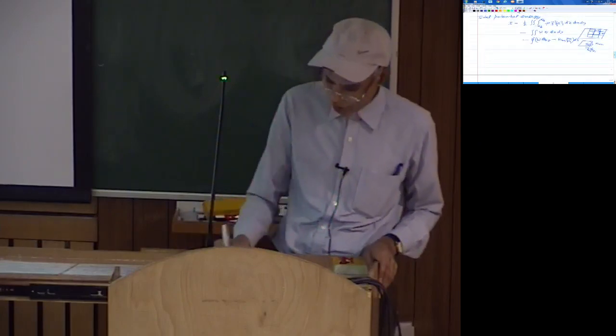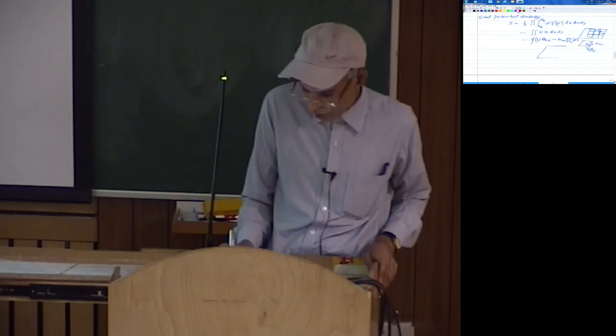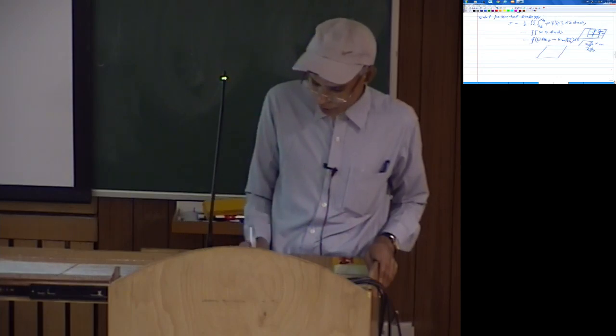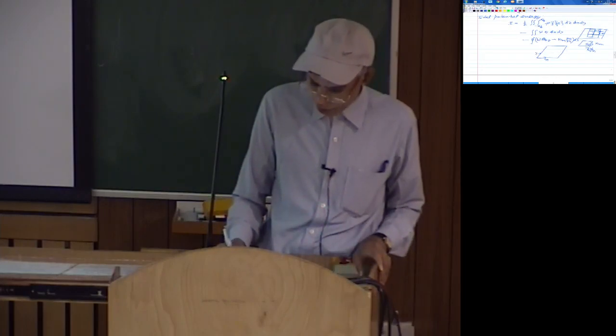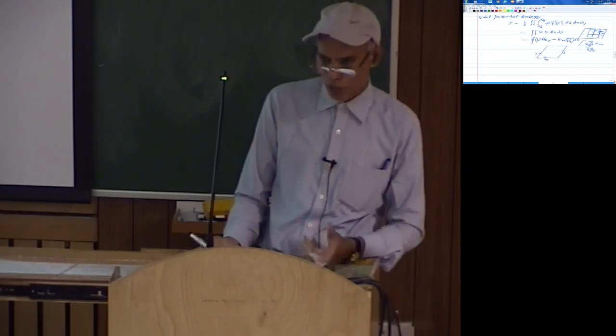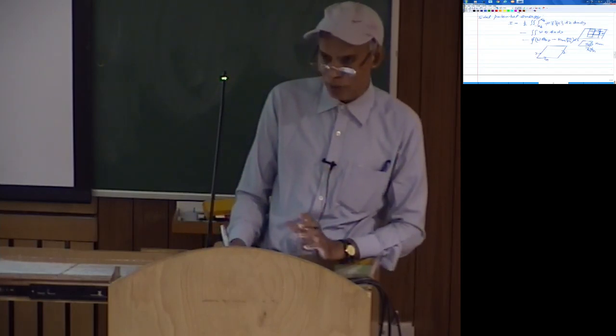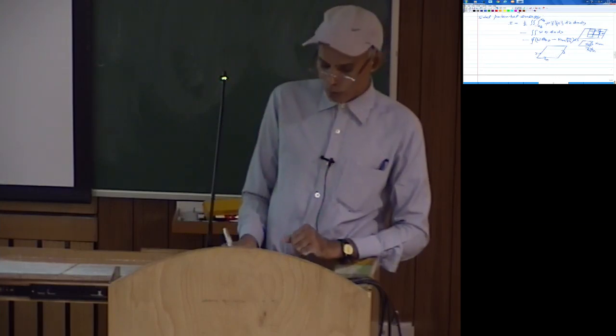If the sign is not clear, let me look at one other face of the plate, for example this face, where this is x and this is y. As per our definition, on this face the outward normal is along the x direction. So n is x, which means m n n is m x x. M x x is in this direction. But what is del w by del x?